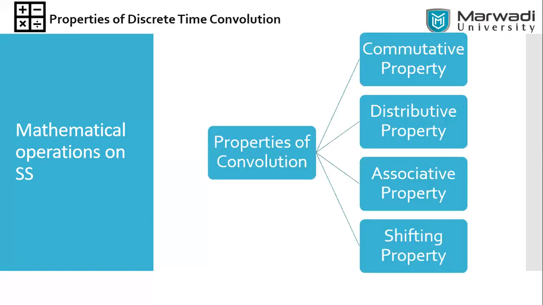So what are the properties of discrete time convolution? One is the commutative property. It is exactly like continuous time, only mentioned in terms of discrete.